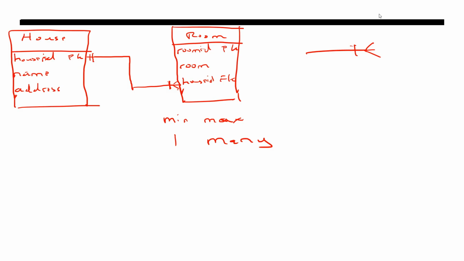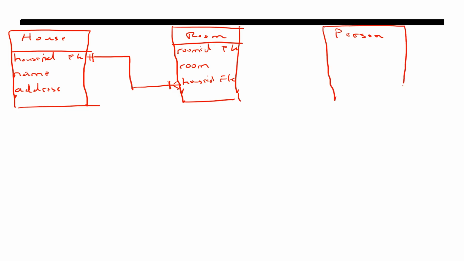Now let us take the example of the person entity. Let me erase this first. Let's take the person table now, or the person entity. In the person entity, again, you will have different attributes for that particular person, obviously.